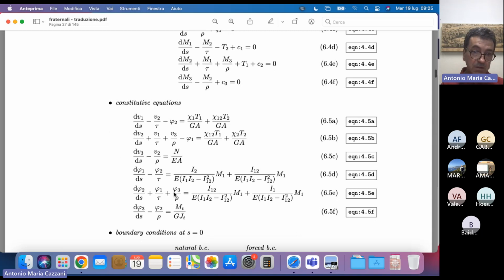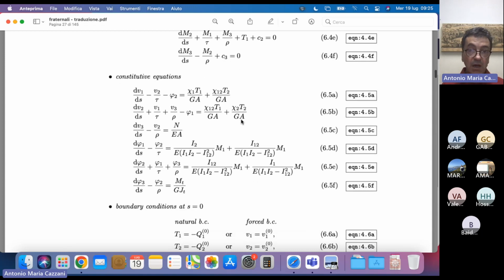These are the left hand side of these equations. And then we have combined them with constitutive equations, which are instead not given by the principle of virtual work, but come out as a different, let's say, statement that we can make based on different hypotheses.